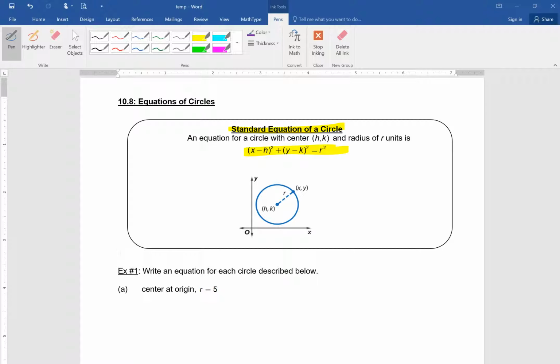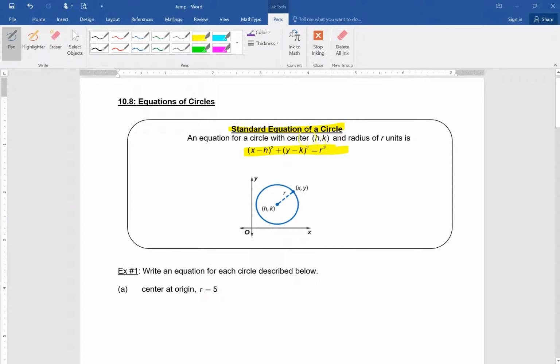In addition to that, we learned last time that a circle has specific characteristics. One of the most important things about a circle is that it's got a center and it's got a specific radius. This equation spells out the radius and the center.